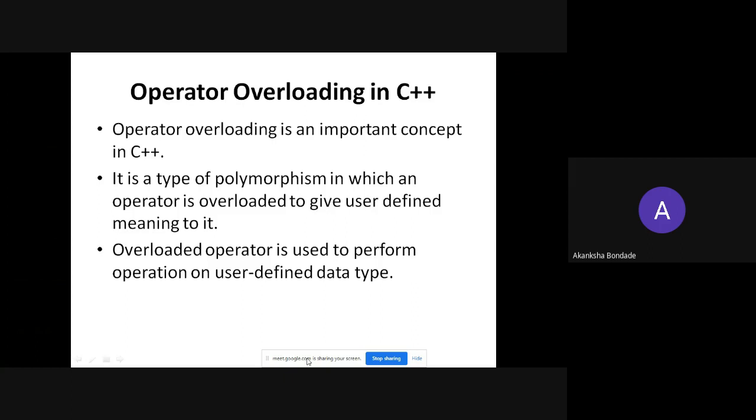For example, a class is user defined, and an object created from it is considered a variable. So this is a user defined variable.